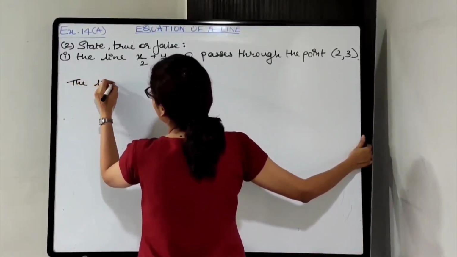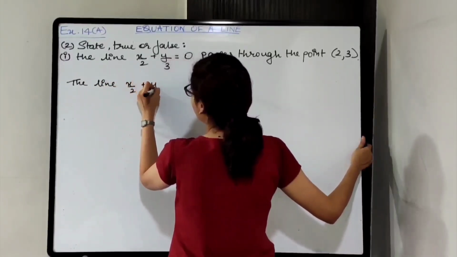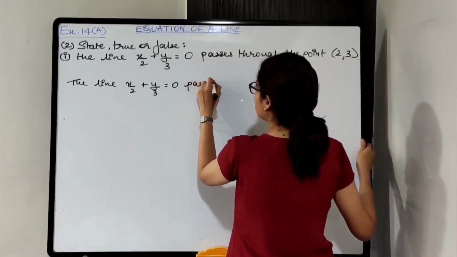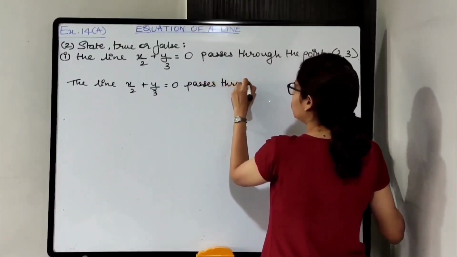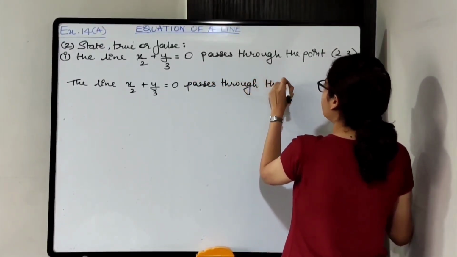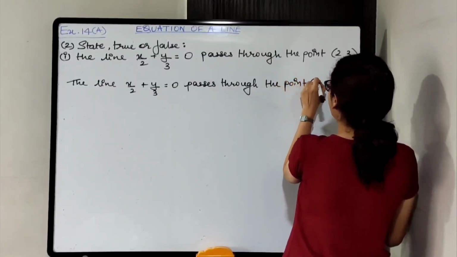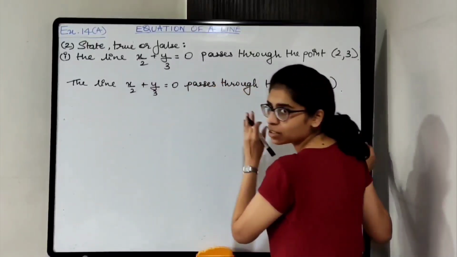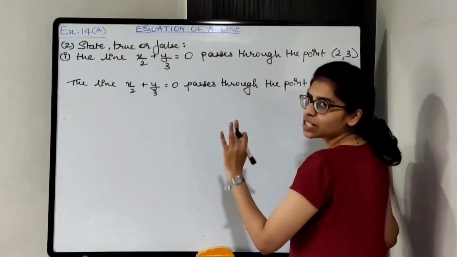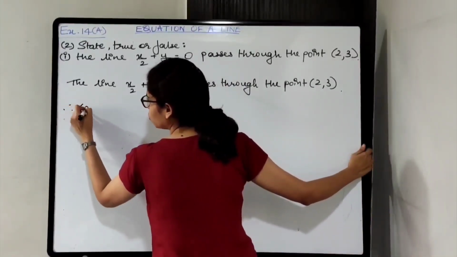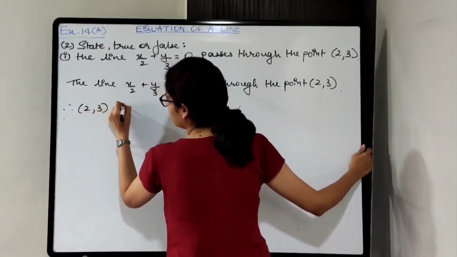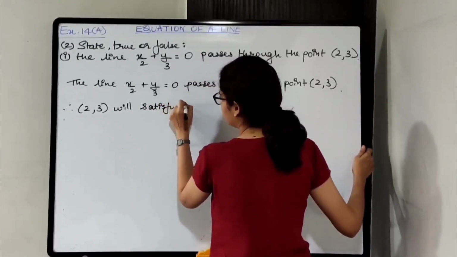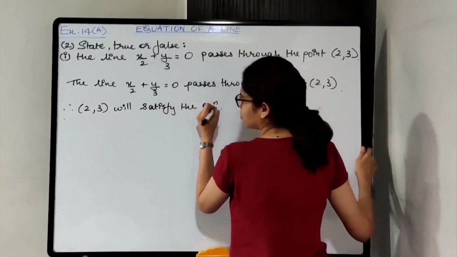So write down the statement. The line x by 2 plus y by 3 equal to 0 passes through the point 2, 3. So since it is passing through the point, 2, 3 will satisfy the equation.